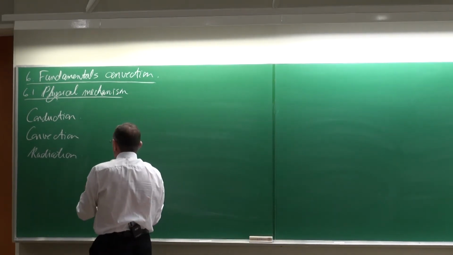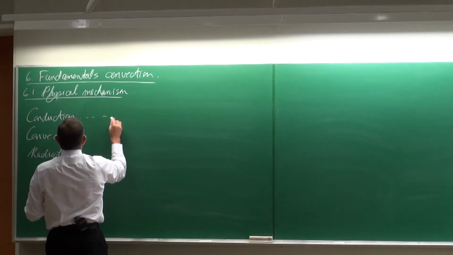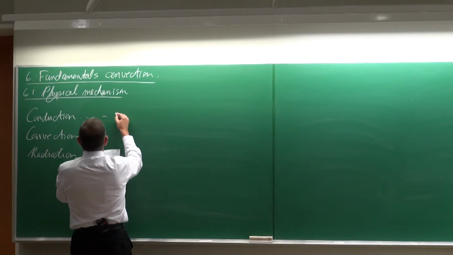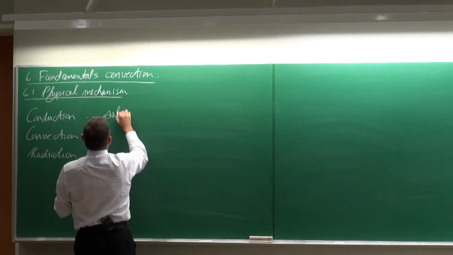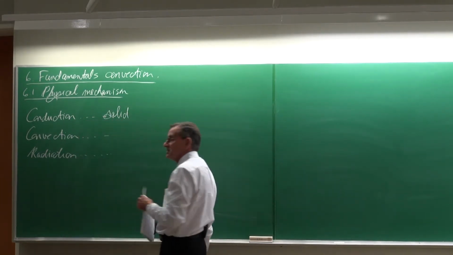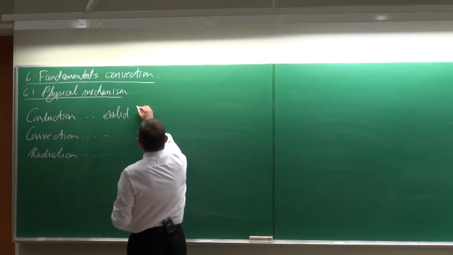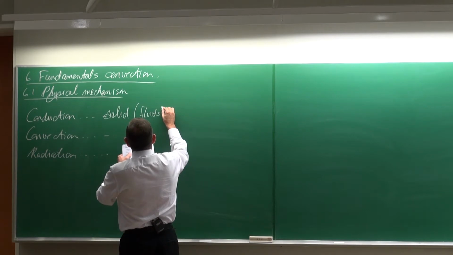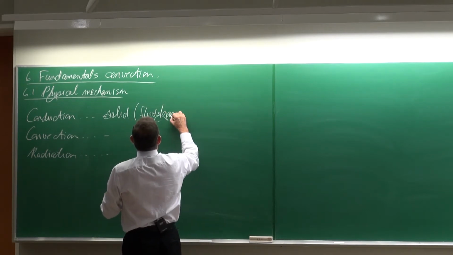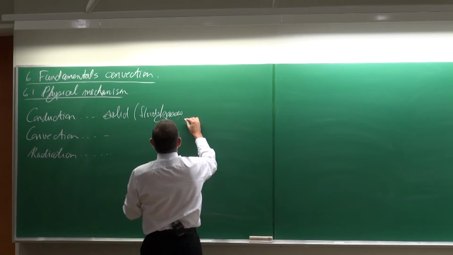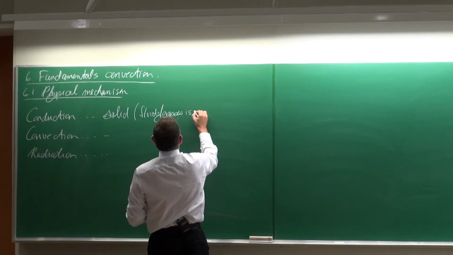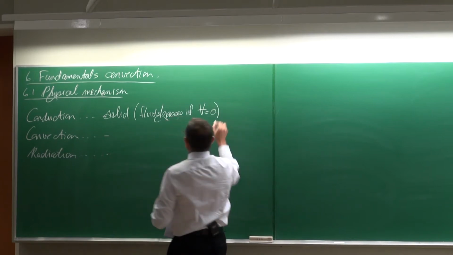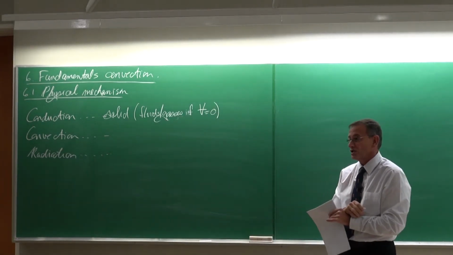So what are some of the differences with these 3 different modes of heat transfer? Well, the first one is that normally conduction occurs in solids, and it can also occur in fluids and gases if velocity is equal to 0, and I'm going to explain that just now.